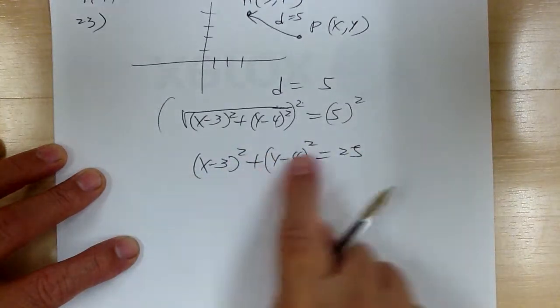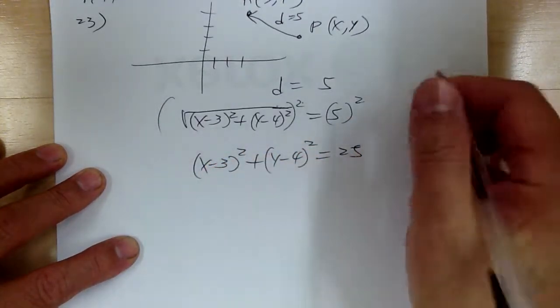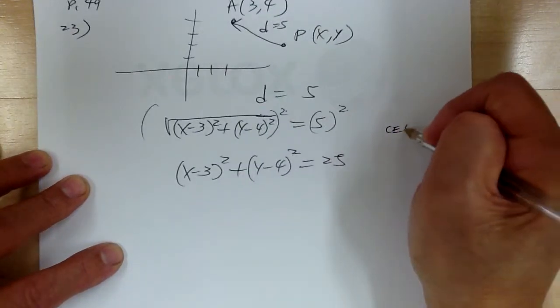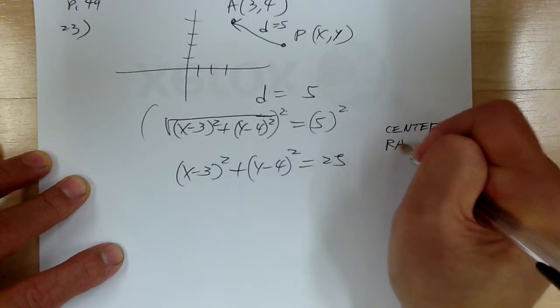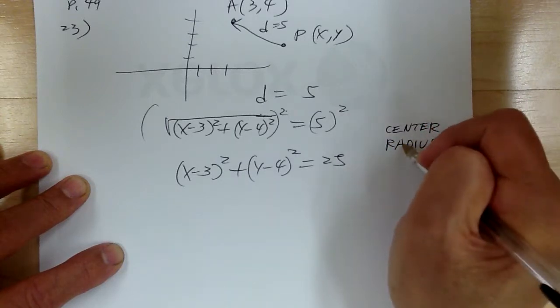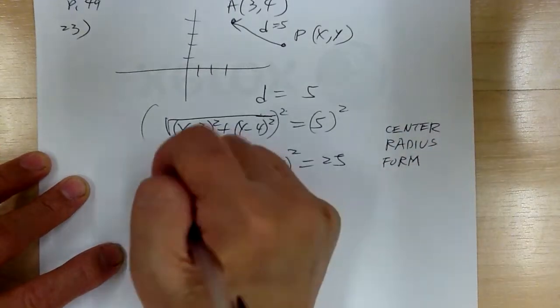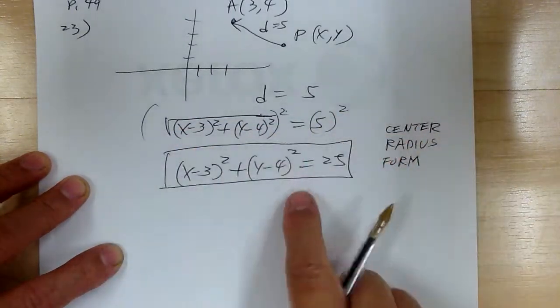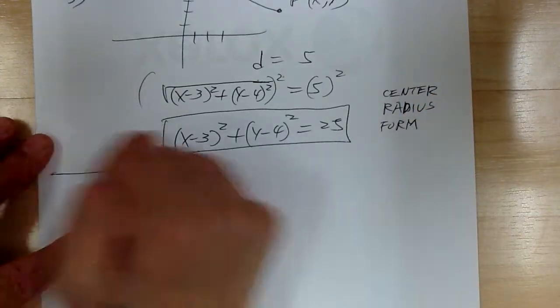And that's it. Don't multiply this out because this is a circle. Okay, this is a circle. This is the center-radius form from your Algebra 2. Okay, so that's your answer. So don't mess it up. Okay, so you have to remember some of the stuff you learned from your Algebra 2.